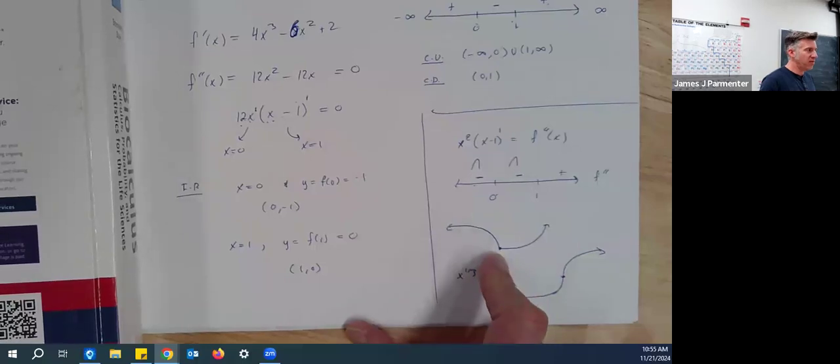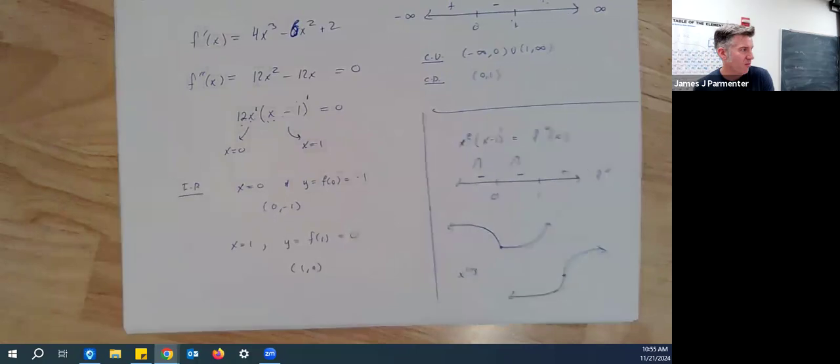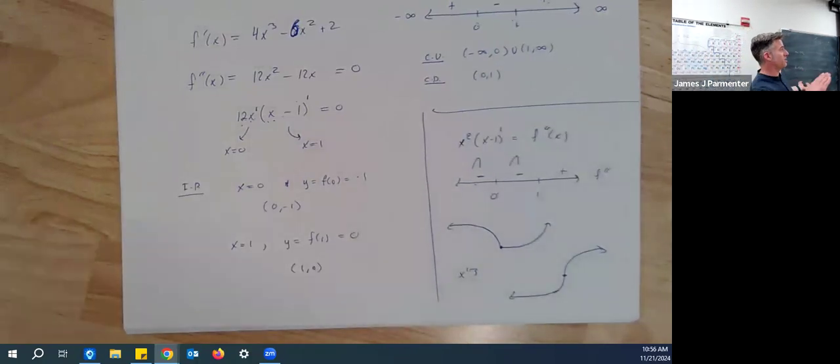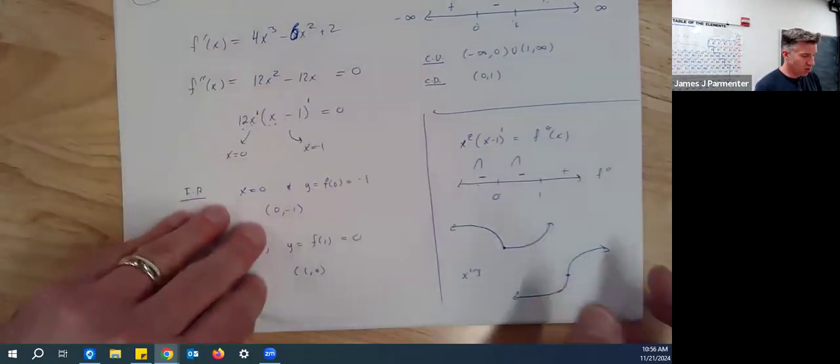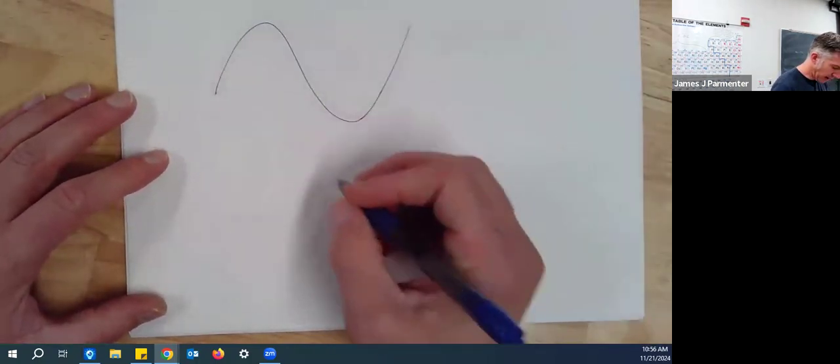But it's not really what we think of as an inflection point. Because when you're thinking about an inflection point, you're thinking about where the rate of change is kind of topping out, right? You're as steep as possible, and then you become less steep, like something that looks more like that.